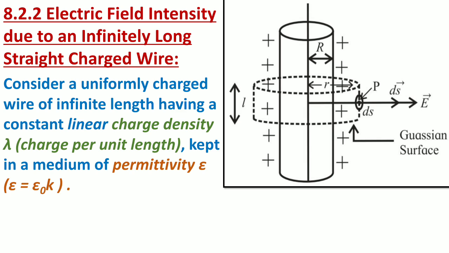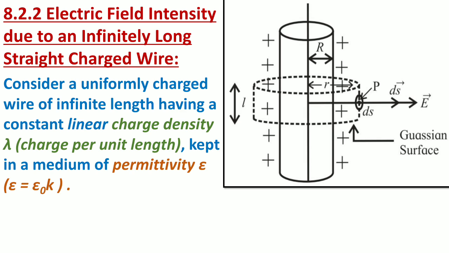To find the electric field intensity at point P, as you can see in the diagram, a point P is highlighted at a distance of small r from the charged wire.